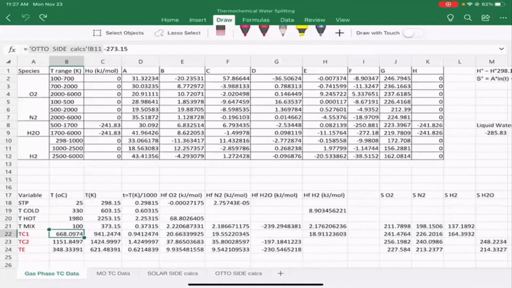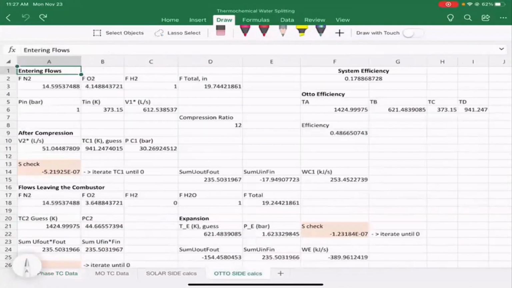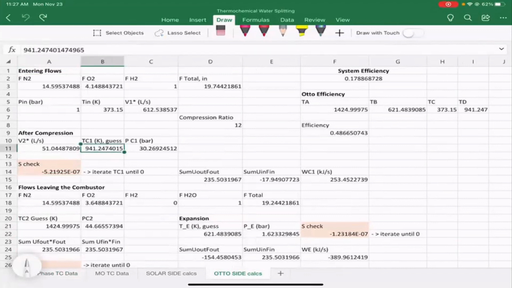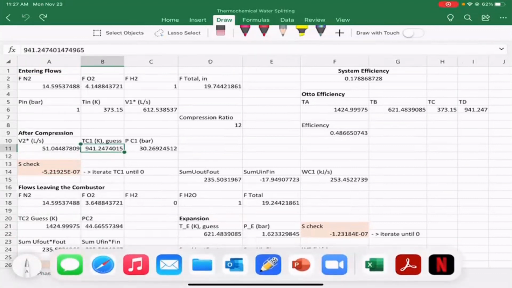And so essentially what I'm going to try to do in this auto calculation is that I have a delta S equals 0 cell, and I just iterated the temperature until delta S equaled 0.